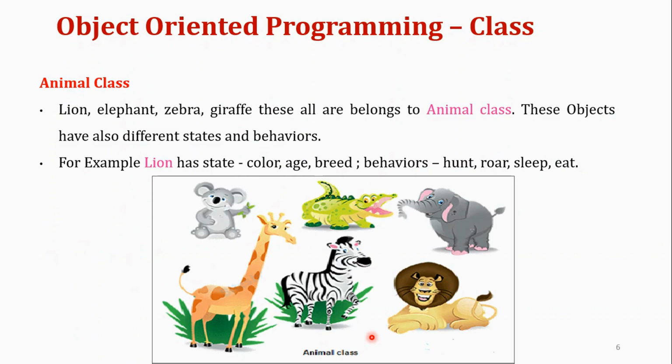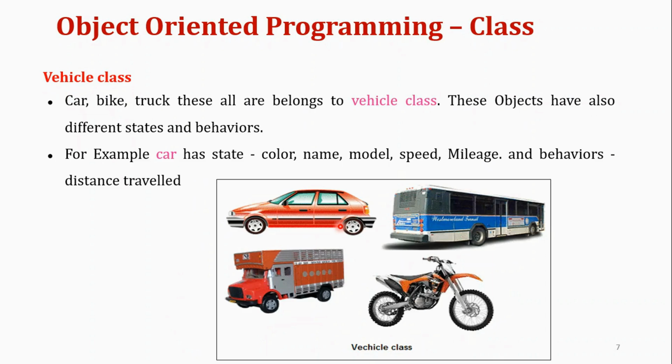So we can relate a group of animals as a class, and each of them is one object. In the same way, I can say a vehicle class has several types of vehicles like car, bike, truck, or bus.